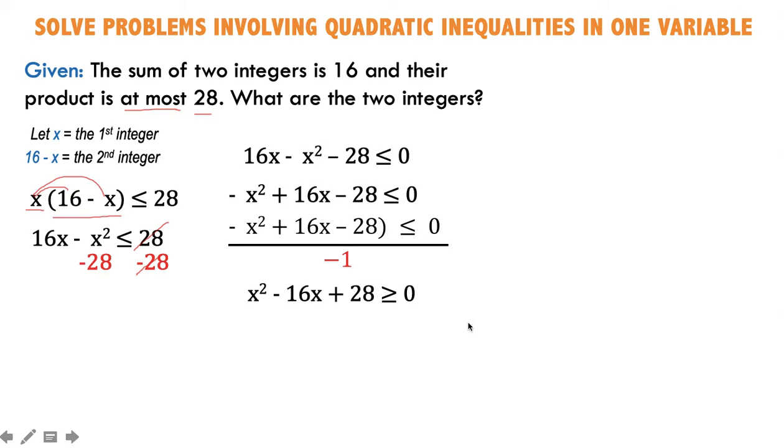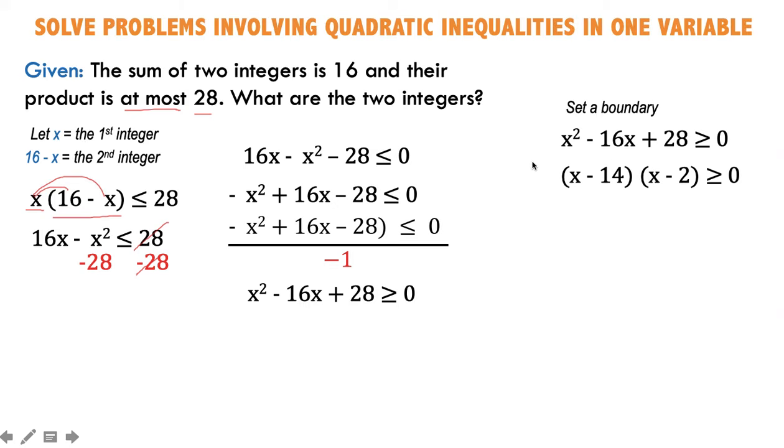This will now be our working equation that we're going to use to set a boundary. Since the given is factorable, we can factor this into the quantity x minus 14 times the quantity x minus 2 at least 0. We then equate each of these two factors to 0.